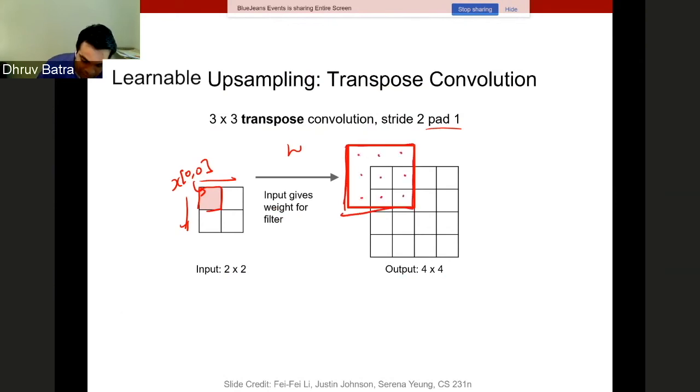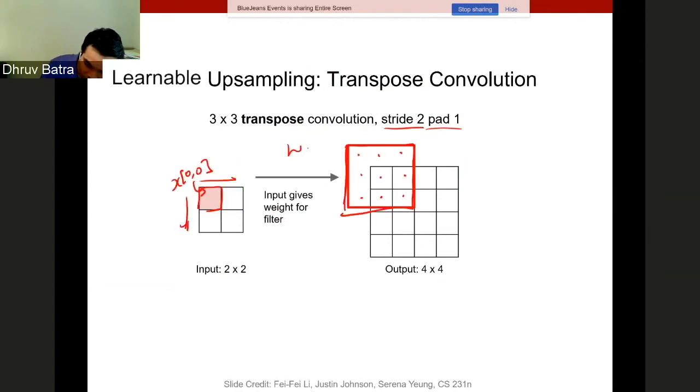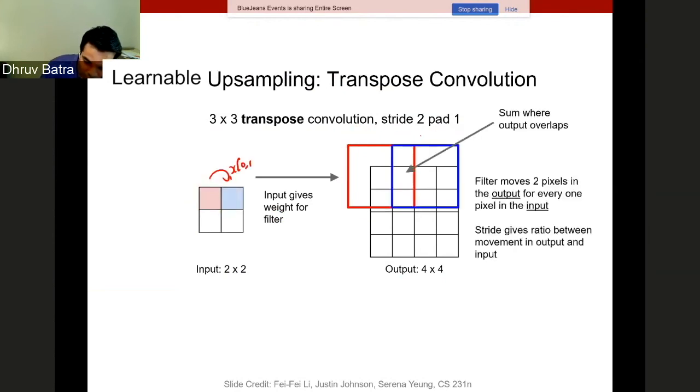W has 9 values. Those 9 values get pasted or copied on the output. And stride greater than 1 means that when we go to x0,1, we also multiply x0,0 here. So this red entry is x0,0 times W. And this blue entry is x0,1 times W.